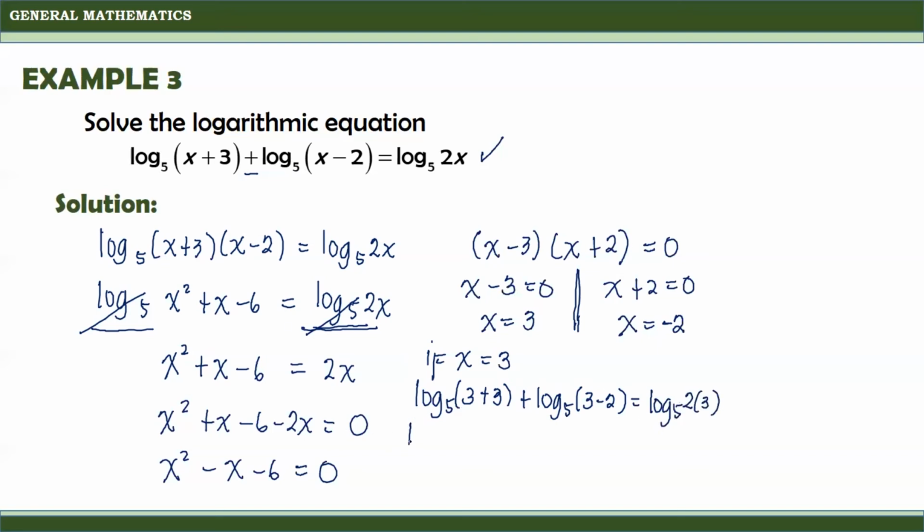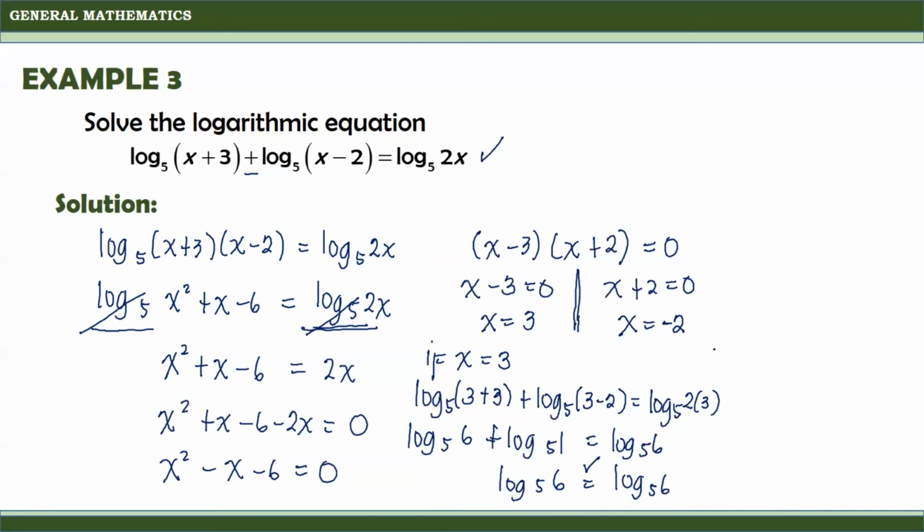Hence, we will have logarithm of 6 to the base 5 plus logarithm of 1 to the base 5 equals logarithm of 6 to the base 5. Remember that since this is addition, we need to multiply 6 and 1. So we will have logarithm of 6 to the base 5 equals logarithm of 6 to the base 5. Therefore, x equals 3 satisfied our given equation.